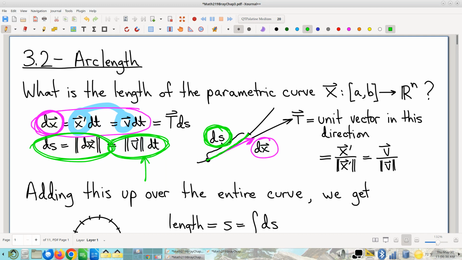Right, pretty natural. Okay, couple other observations we need to make. There is a vector that I'm going to call capital T. It's the unit vector pointing in the direction that you're going. It's very handy in various circumstances when you're doing stuff with parametric curves to be able to talk about the direction alone, right? And of course we represent directions with unit vectors typically.